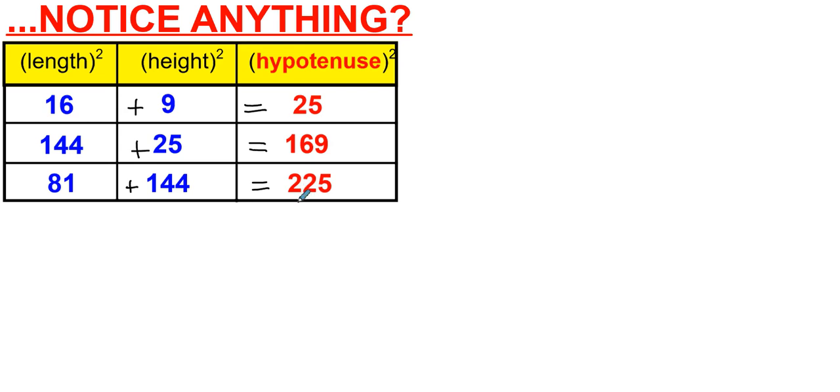And so this, in a nutshell, is Pythagoras' formula, Pythagoras' theorem. And because we're talking about squares, length squared, height squared, and hypotenuse squared, we can literally picture it as squares, like this animation here is going to show us.